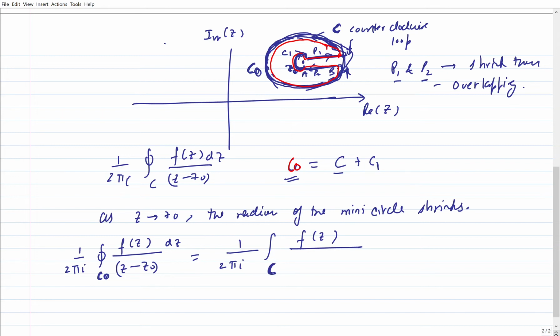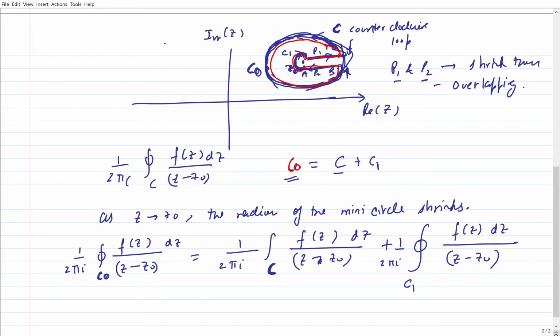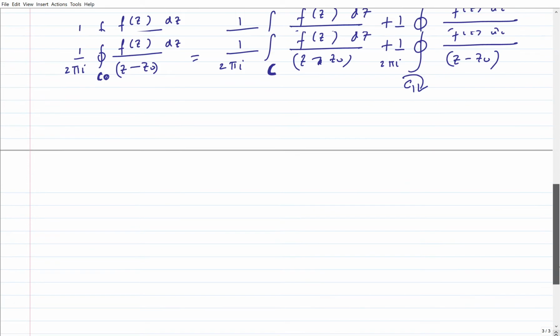One, the original thing we wanted, C, plus the integral over C1, which was my mini circle. And notice I am going to label it clockwise because this was in the clockwise direction. This path is a clockwise path. Okay, so what do I have?